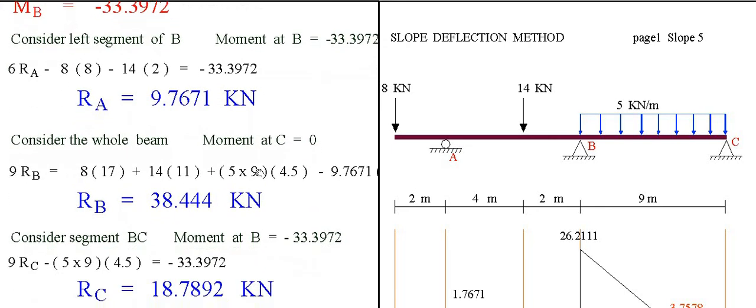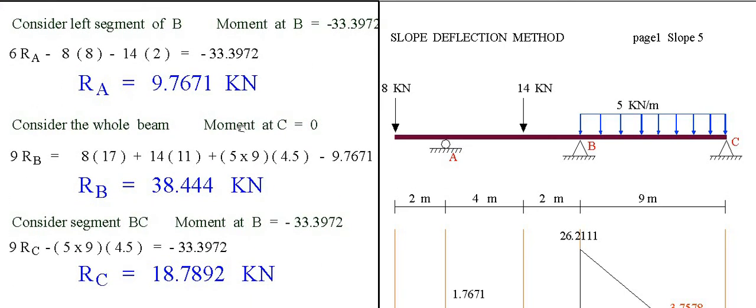Next, we have to solve RB. You consider the whole beam. Given now RA, moment at C is 0.